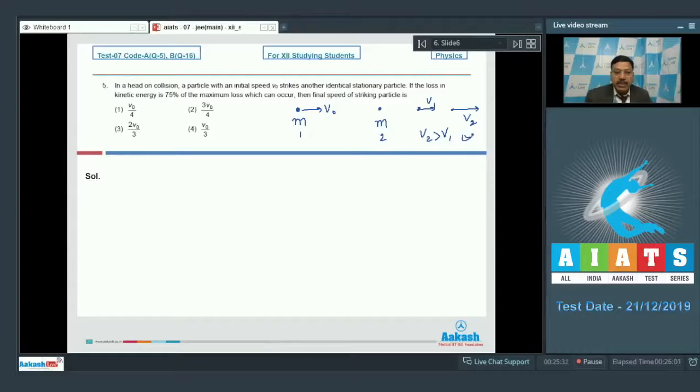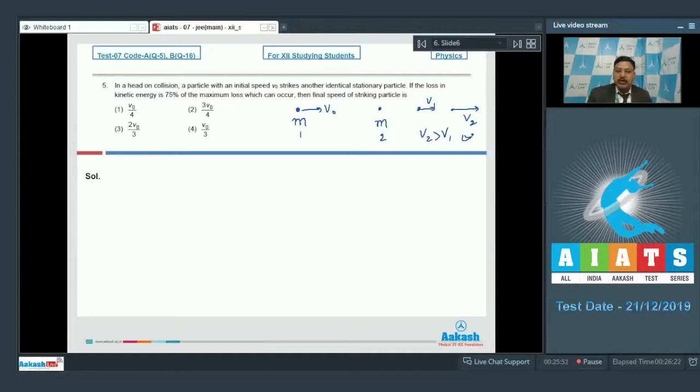Now, the loss in kinetic energy is 75% of the maximum loss which can occur. So let's look at the condition when maximum loss in kinetic energy occurs, and that is the case when the two particles stick to each other. The collision is perfectly inelastic.